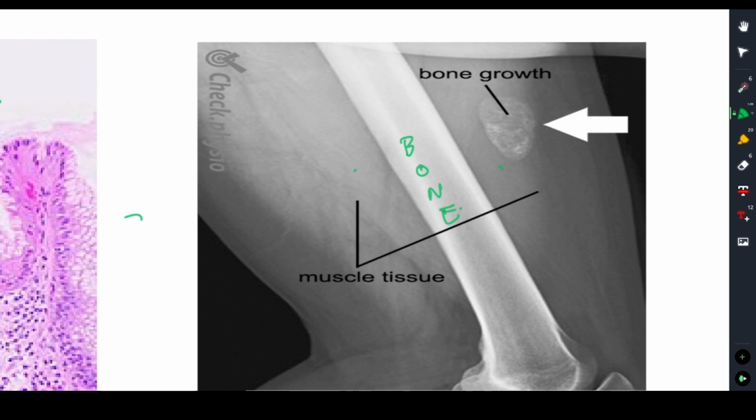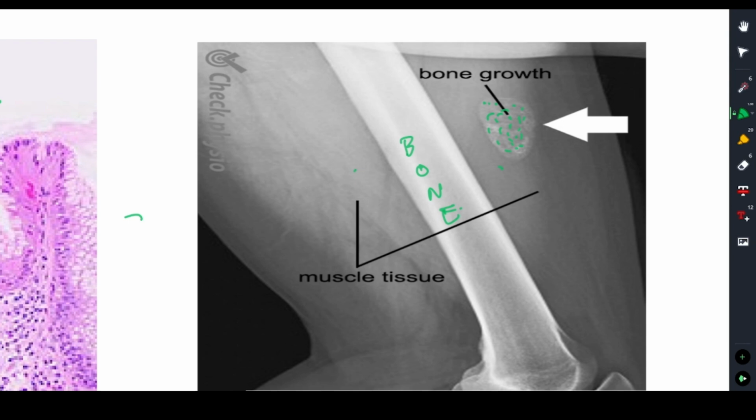And what you can see is that during healing, there is some bony mass which has grown here in the muscle, right? So this is referred to as myositis ossificans, and it is occurring due to metaplasia during the healing, in response to the increased stress due to inflammation of skeletal muscle, which can occur due to trauma or due to some other reason, right? So this is myositis ossificans.